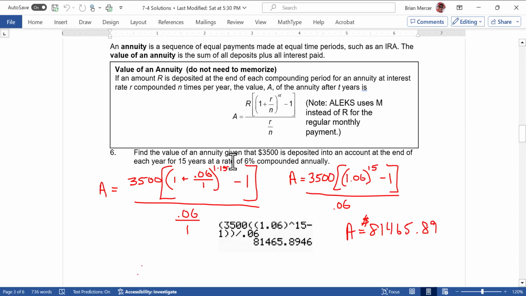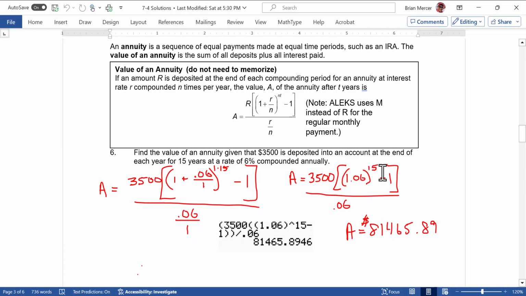Here's one problem. $3,500 is deposited into an account at the end of each year for 15 years, at 6% annually. So annually means n is 1. So you put that into that whole complicated formula. There's your 0.06, nt, so that's 1 times 15. And then all that quantity is minus 1. And that is 0.06 divided by 1.